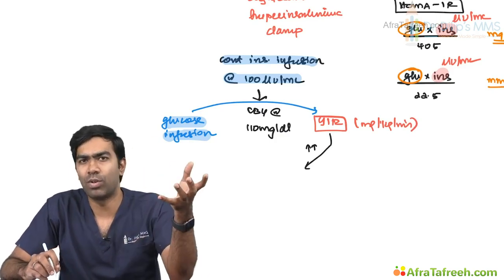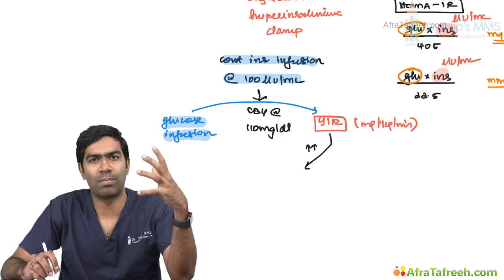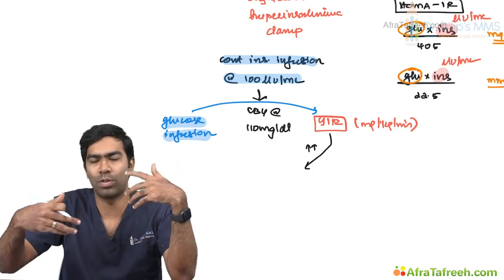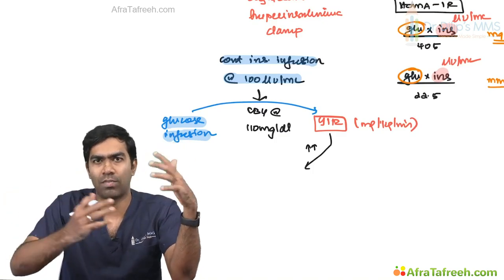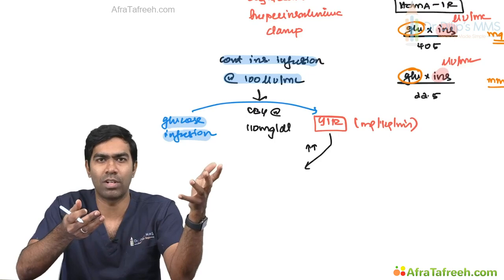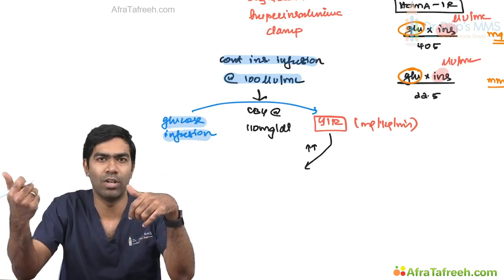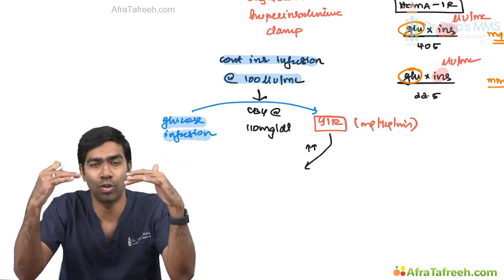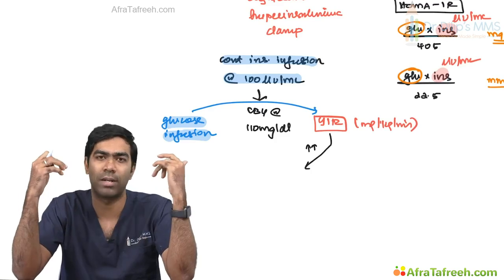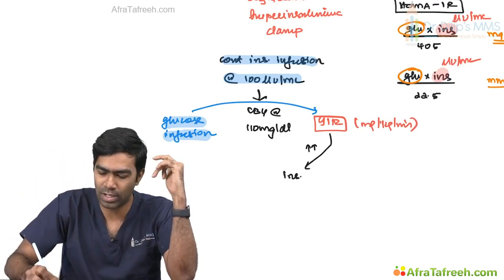It means insulin is acting well. Insulin is the one that promotes glucose uptake. There will be too much consumption of glucose by the cells, so the blood glucose level falls drastically in the setting of insulin. If insulin is acting very well, my glucose infusion rate is very, very high, so I need more glucose to maintain glucose in the range of 110 milligrams per deciliter. So it indicates insulin sensitivity.